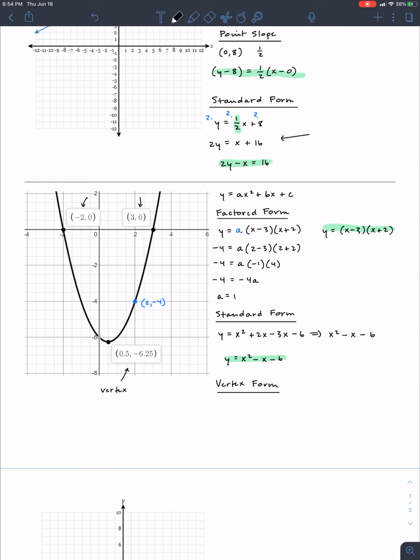So remember, if I have a standard form, I can actually set that equal to 0. I'm going to add 6 to both sides, so I have x squared minus x equals 6.